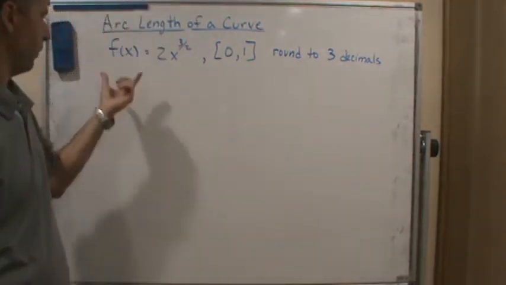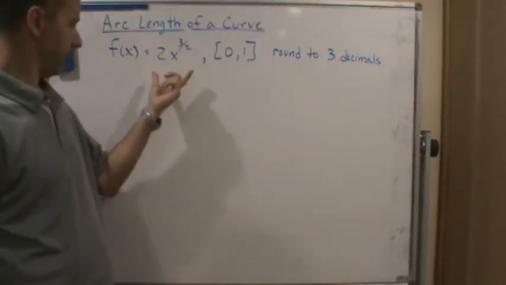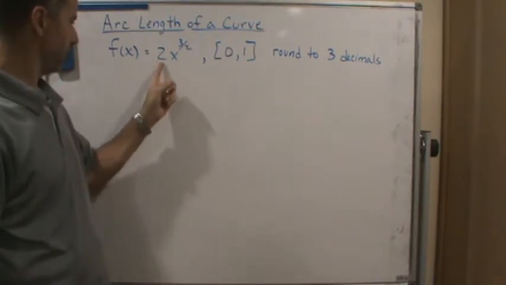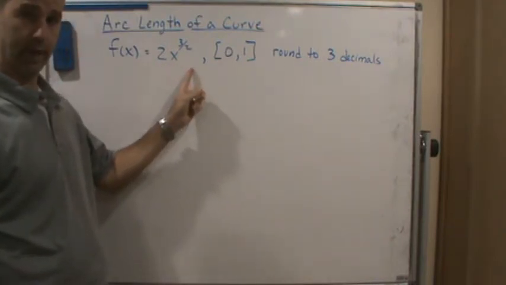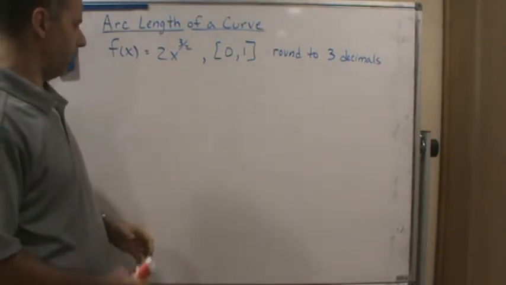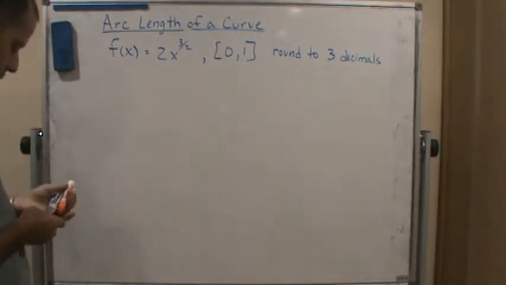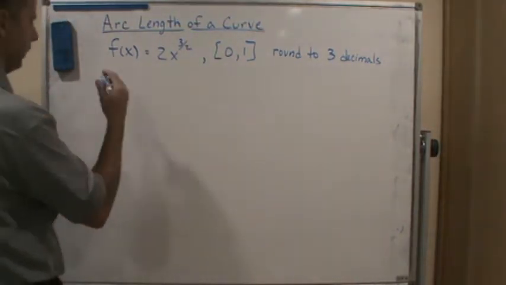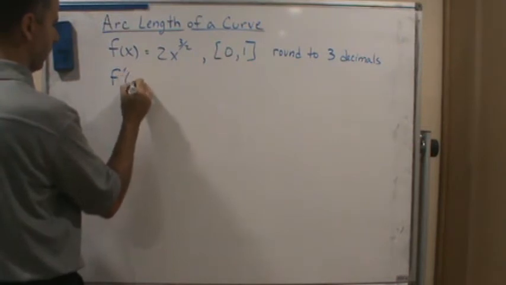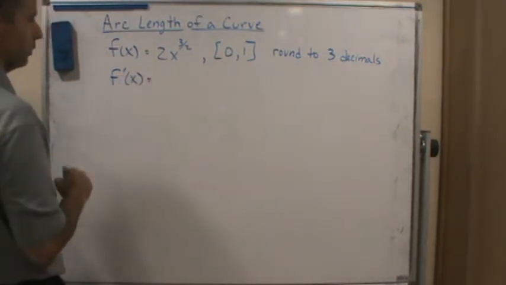So the first thing, we want to make sure that this is a smooth function, and it is, because this is differentiable everywhere. Also, if we take the derivative, f prime of x equals what?